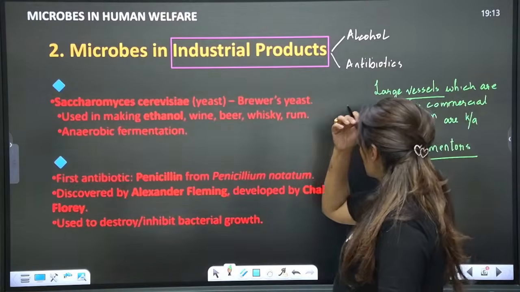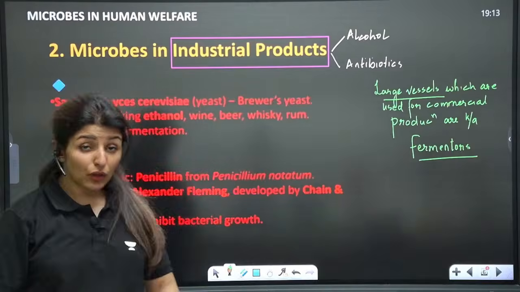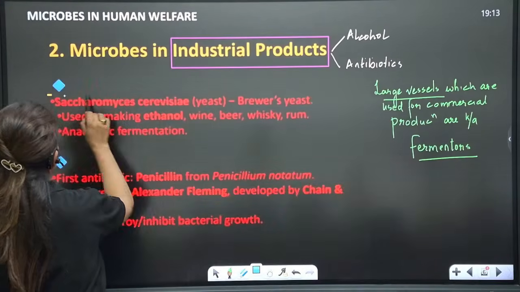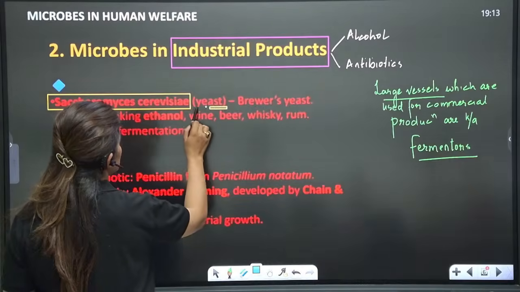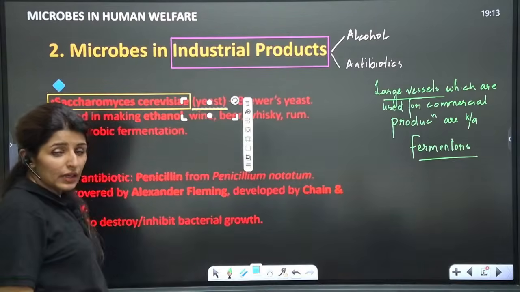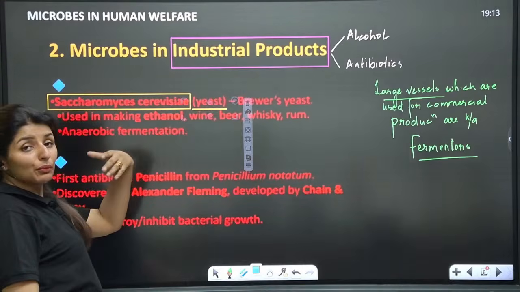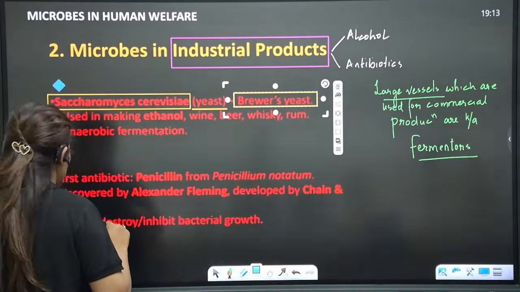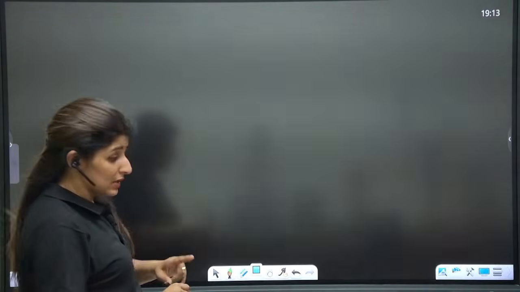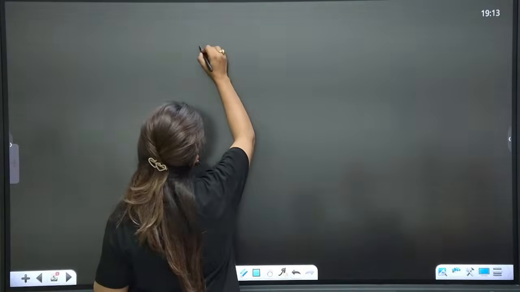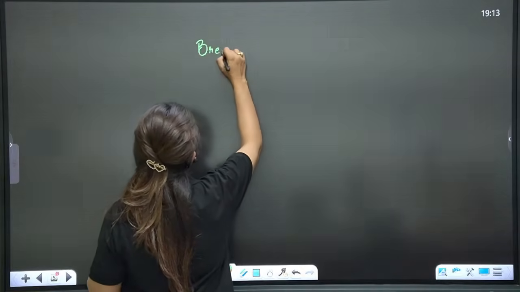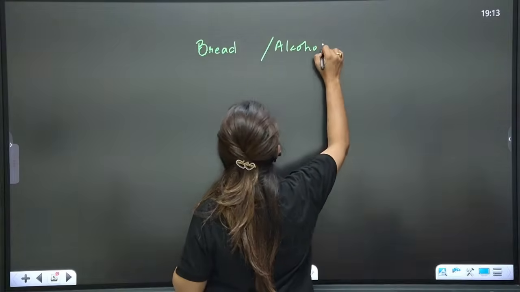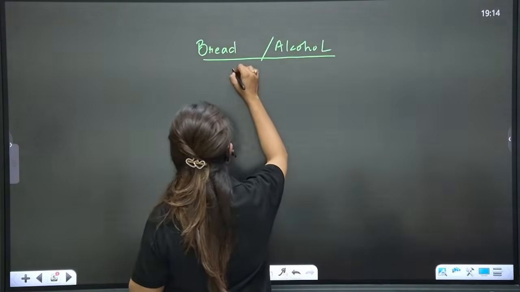Now, talking about alcohol. The microbe that we are going to use here is Saccharomyces cerevisiae, which is a yeast, right? And because it is used for brewing, we also call it a brewer's yeast. Now, let's go a little back. This same yeast, Saccharomyces, is also used for making bread. So be it bread or alcohol production, both use the same yeast.